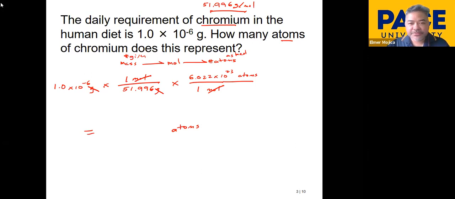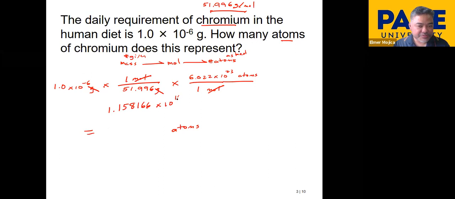So question, what is the number that we get here if you do the operation? I got 1.158 times 10 to the 16, which I'm going to round to two significant figures. If I do the operation, this is what I got.